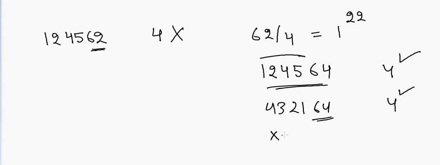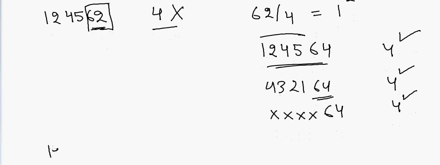Or I can write anything, xxxx and 64, then this number should also be divisible by 4. So I have to look at the last two digits to check if the number is divisible by 4 or not. In this case it is not. Now, let's write the number again.